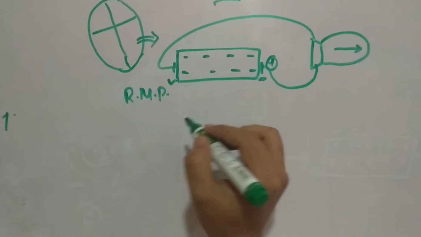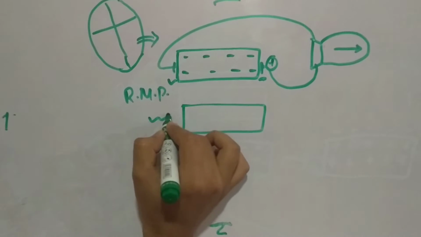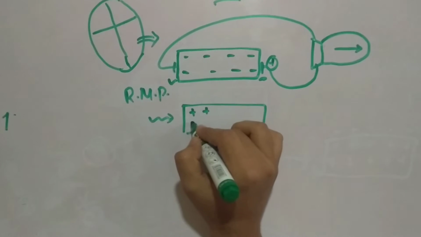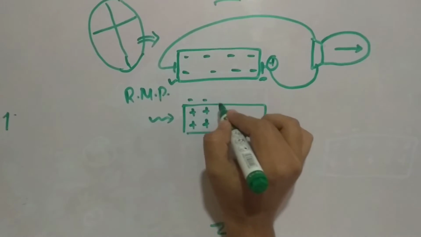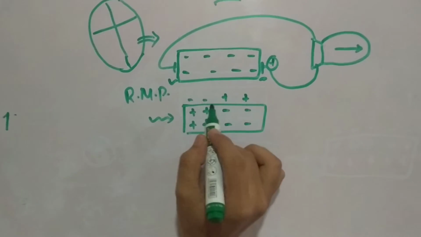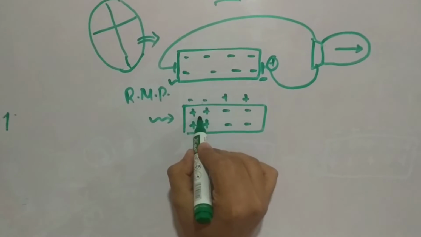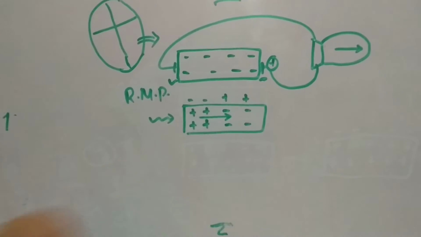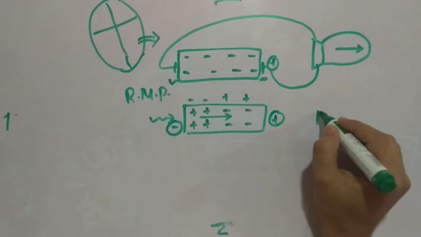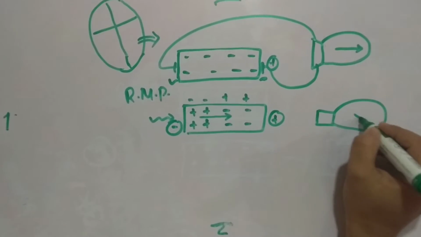Now in the second case, suppose some electric impulse is given into it, and because of the electric impulse the polarity changes inside the cell. What you can see is that the positive polarity inside the cell is gradually moving towards this end. If there is a positive electrode and a negative electrode, and you measure with the galvanometer, the deflection will move towards the positive side.